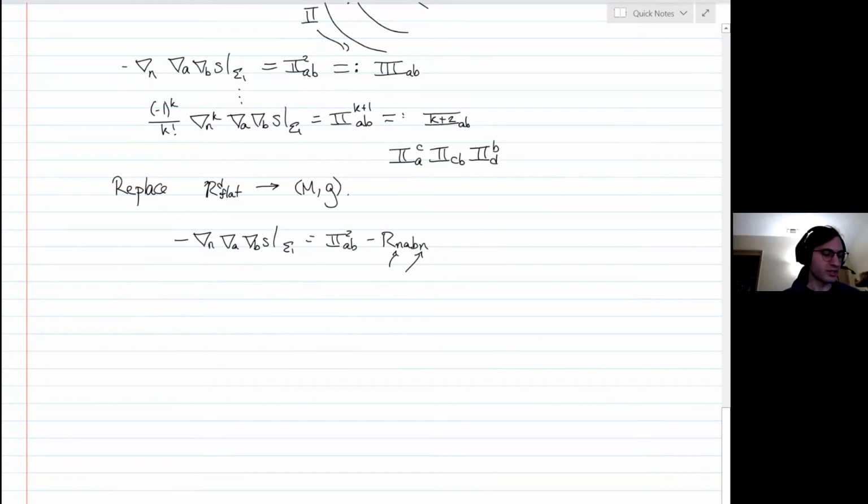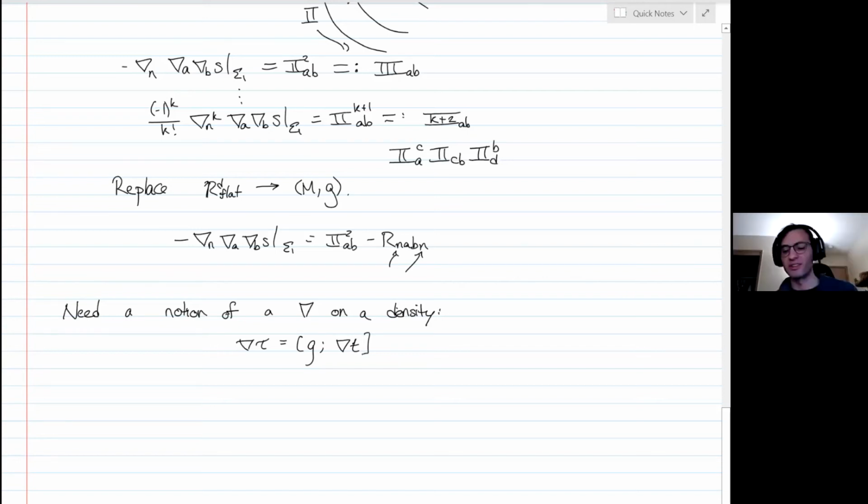In order to do this, first we need a notion of a connection on a density. I'm sweeping a lot under the rug here, but it's really not that bad. If we have some density tau, nabla on tau, you could just think of that as the equivalence class of g with nabla on tau.